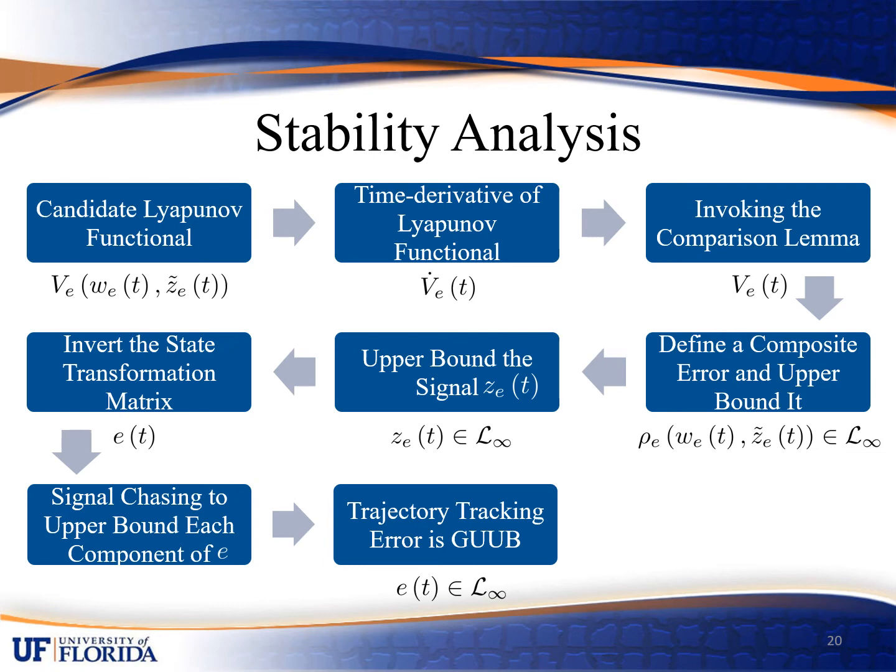Then we use the inverse of the state transformation matrix and signal chasing method. Specifically, we can go back through the open and closed loop error systems and control laws, and we can prove that all the closed loop signals are bounded. Therefore, the trajectory tracking error ET is globally uniformly ultimately bounded.